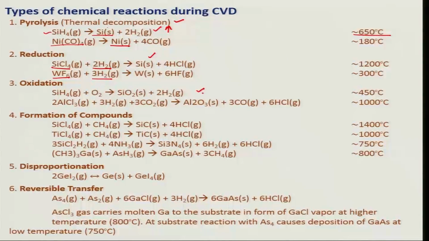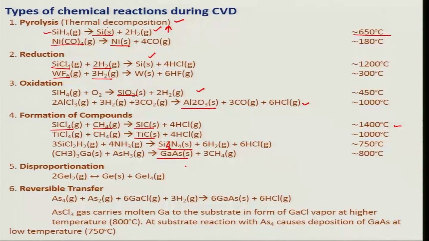Your gases may also undergo oxidation to deposit oxide films. You can also form compounds. If you have a source of silicon and carbon, you can form silicon carbide at high enough temperatures, titanium carbide, silicon nitride, sorry, this should be Si3N4, and also compound semiconductors such as gallium arsenide. So, these are formation of compounds.